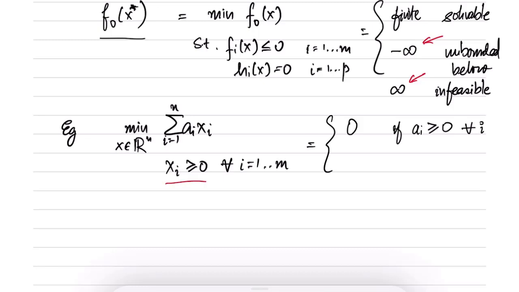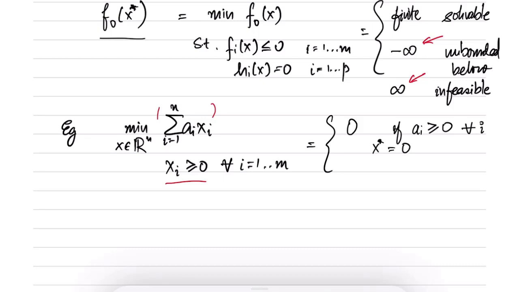So if all the ai's are non-negative, then this is a non-negative weighted sum of non-negative numbers. So this objective function in that case would always be greater than or equal to 0. And in fact, it would attain the value 0 if I take all the xi's to be 0.